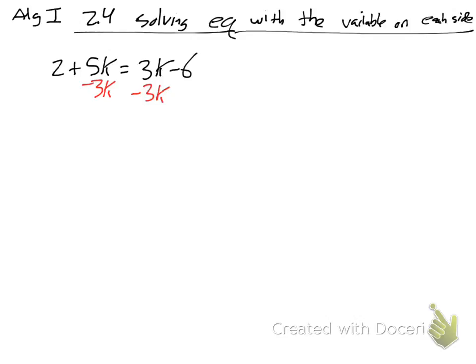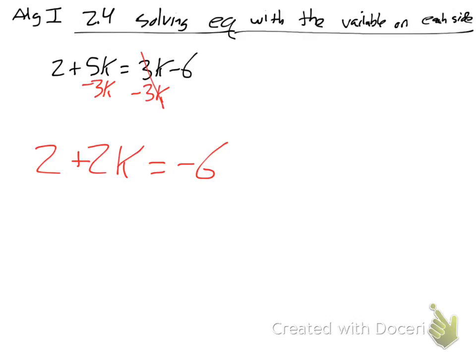And I like to multiply or divide by positives, that's why. And so, they're gone. So 2 plus, what's 5k minus 3k? 5k minus 3k. It's 2k. Equals negative 6. And now, it just becomes a problem that we just did in the last section.